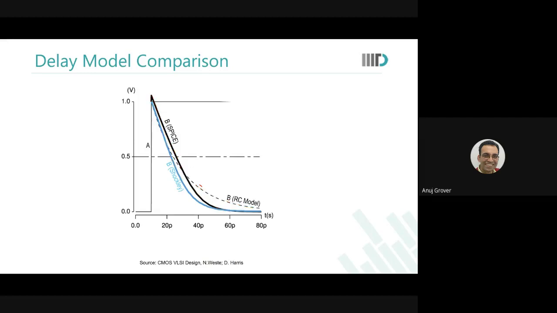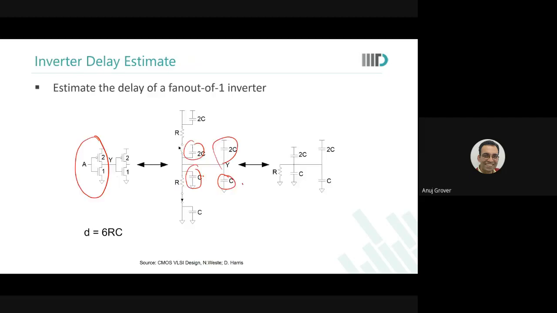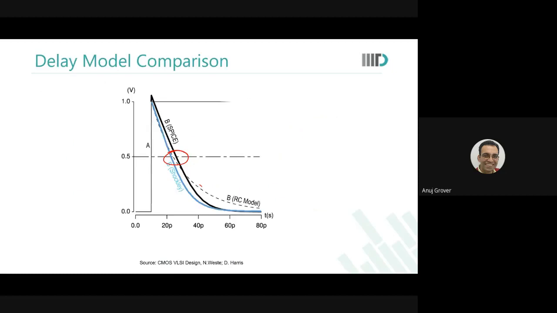At VDD by 2, you will notice that the most accurate delay from the Shockley equation, from physics, or from SPICE, or from the RC model, are almost similar. So the RC model that we are making should be reasonably effective in giving a good estimate of the delay if I put in the real parameters of the technology.